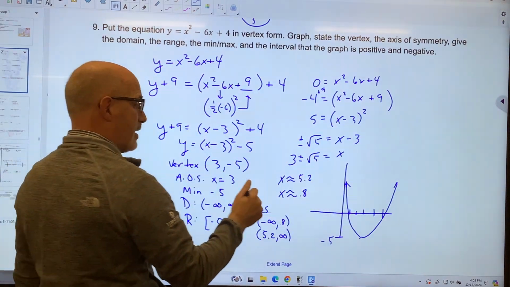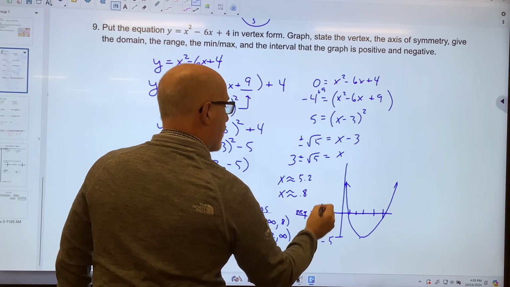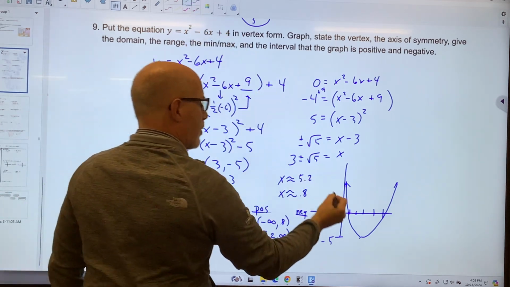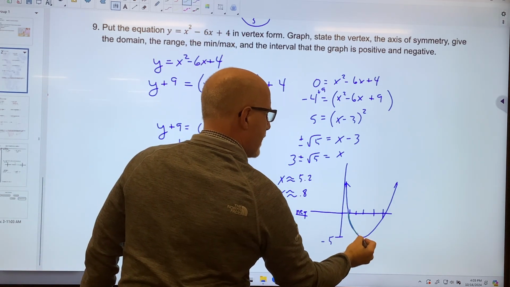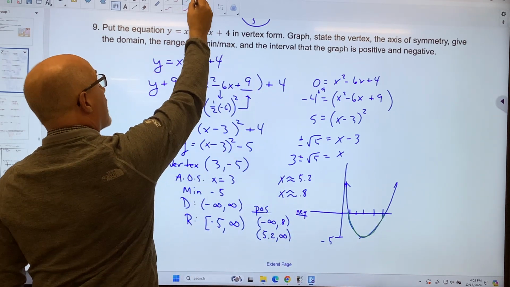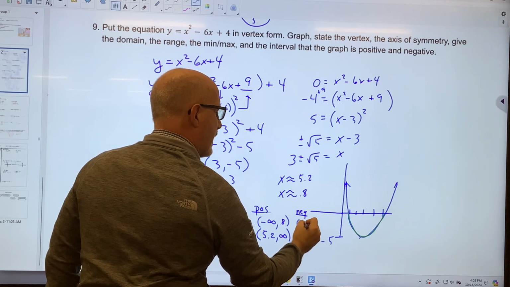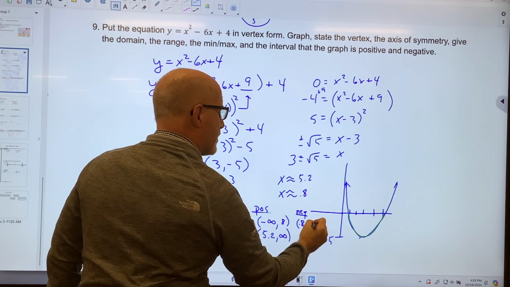Now for the negative range, notice it's negative right here. This is the negative range, and that's just between our two intercept points. So it'll be negative from 0.8 to 5.2.